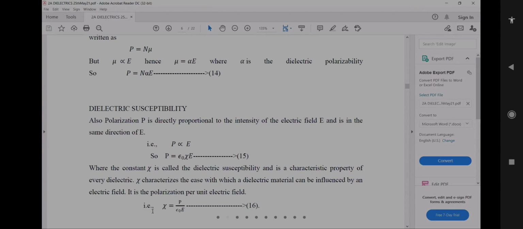It is the polarization per unit electric field, written as xi is equal to P by epsilon naught E. Dielectric susceptibility depends on the intensity of the electric field.